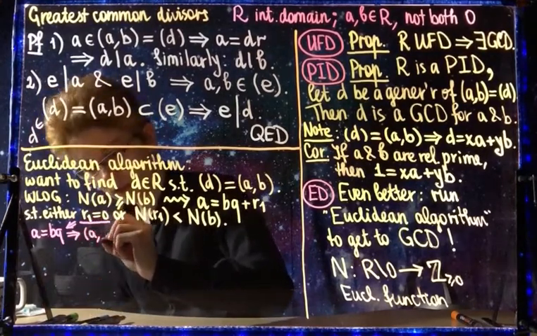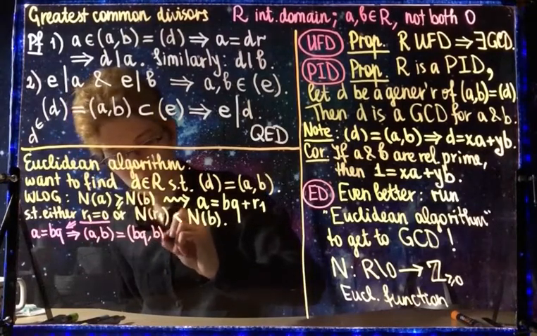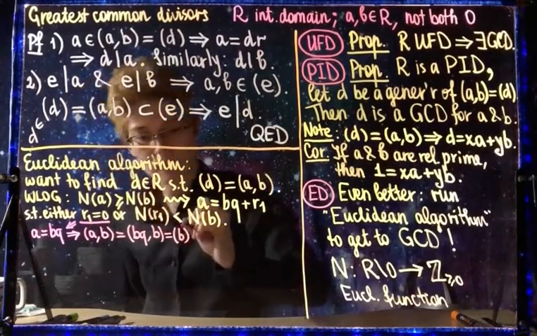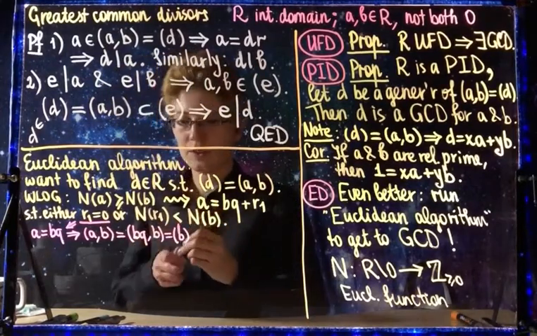So (A, B) is equal to (BQ, B), which is equal to the ideal generated by B. And so we can take B as the greatest common divisor.